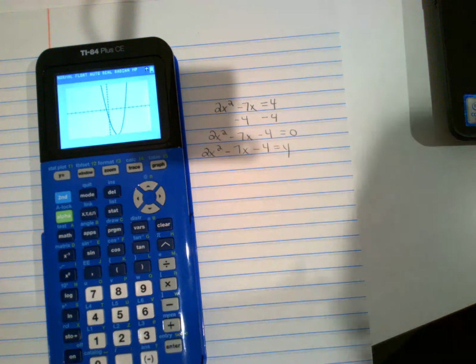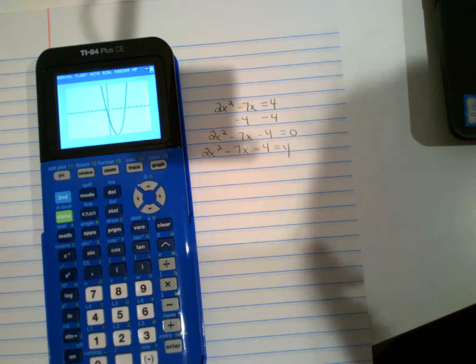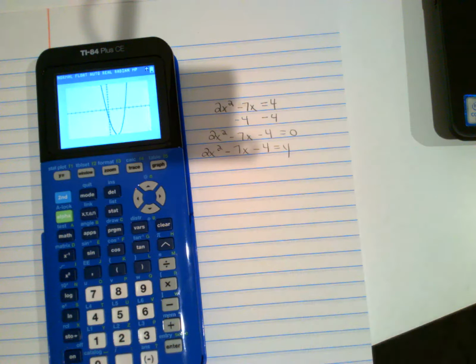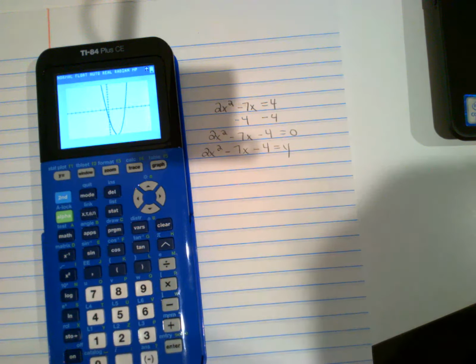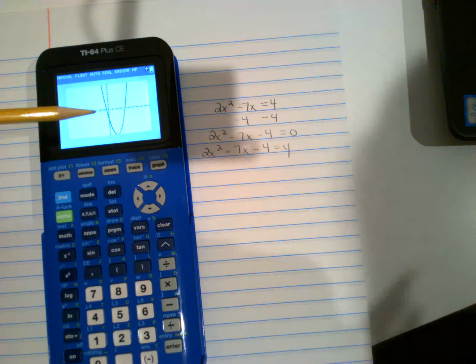Okay. What we're looking for on our graph is where our graph crosses over the x-axis. Those are the solutions to our equation. That is what x will equal. I know in the notes it says to use the trace key, which you can use, or right here we can kind of preview and see.